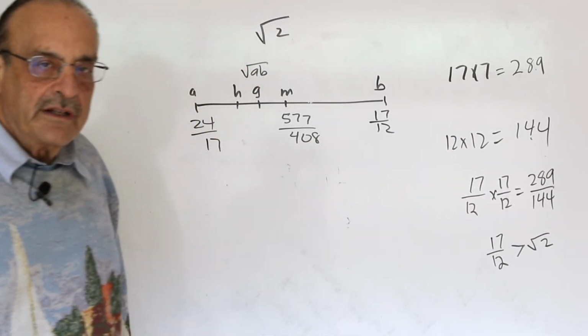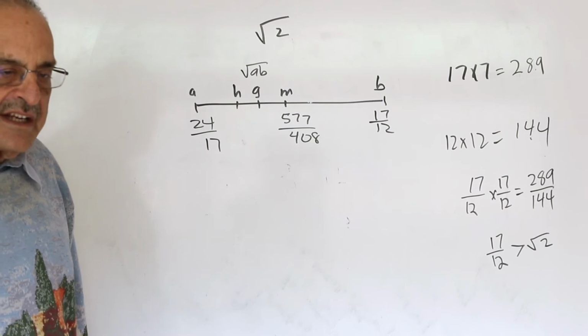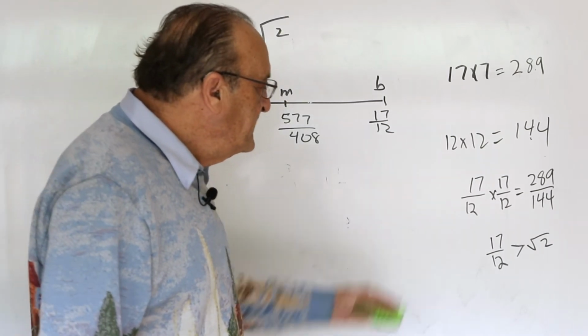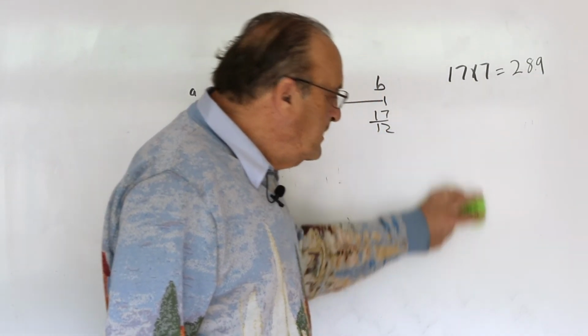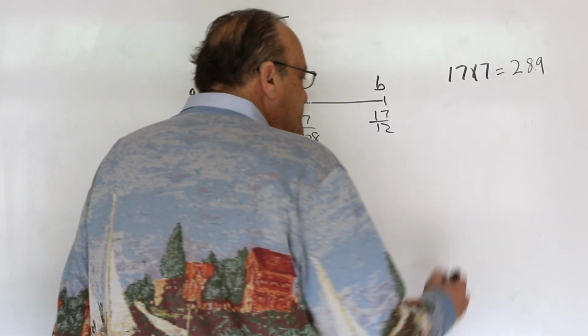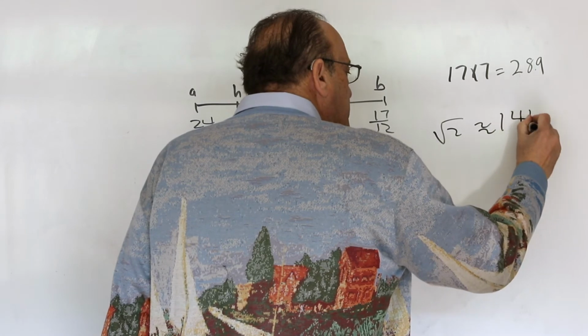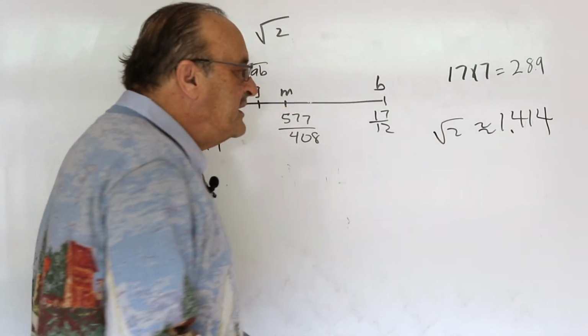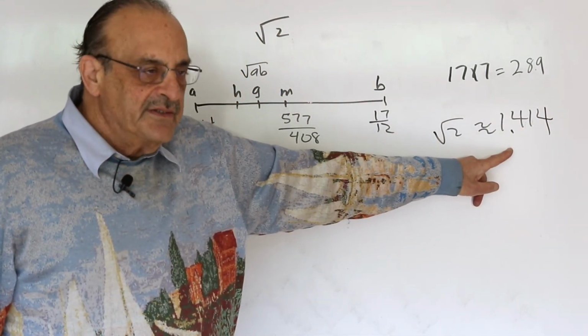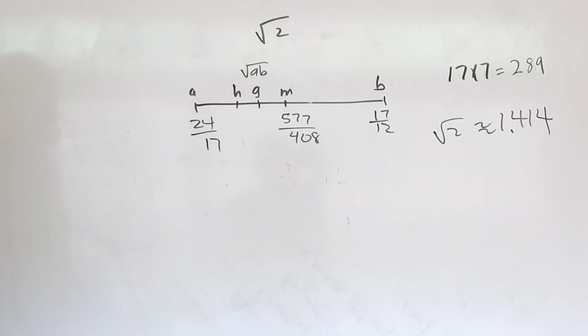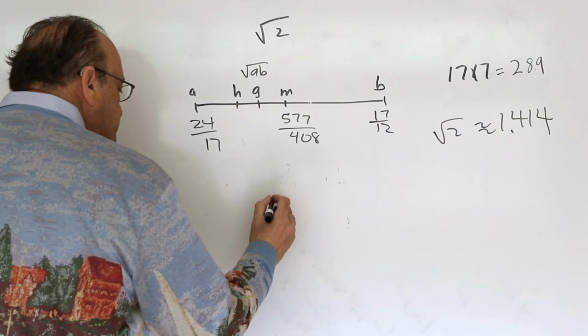Now suppose I only want 3 decimal digit accuracy after the decimal point. Well, I know from previous knowledge that the square root of 2 is approximately 1.414. It's easy to have that memorized because it's just 1414. So let me see if I get that if I do this division.